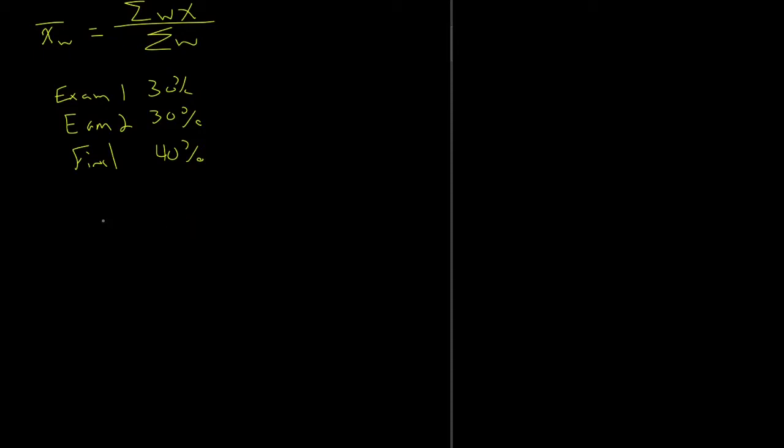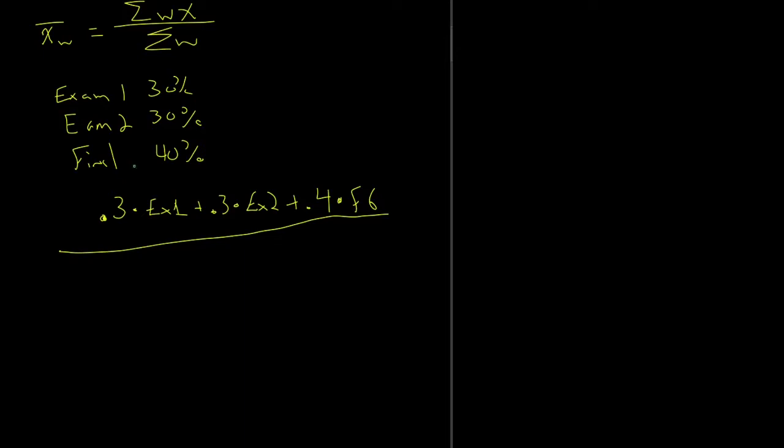Now I'm going to add up the percentages as decimals. So 0.3 times exam 1 plus 0.3 times exam 2 plus 0.4 times the final exam. And I want to divide by the sum of all these.